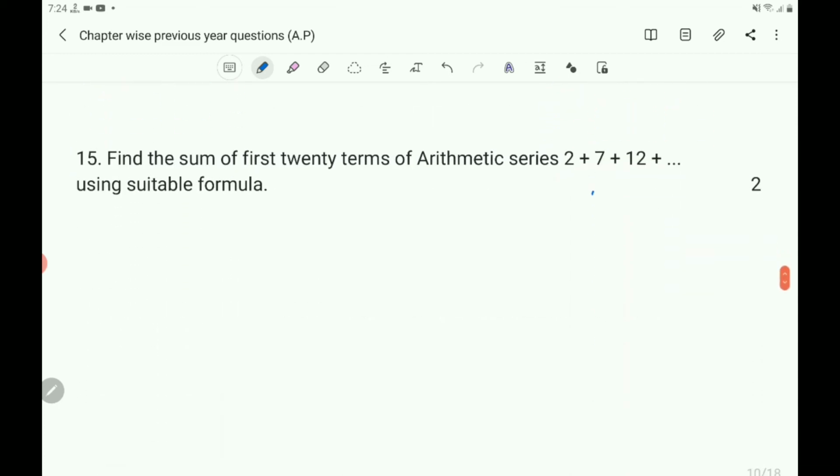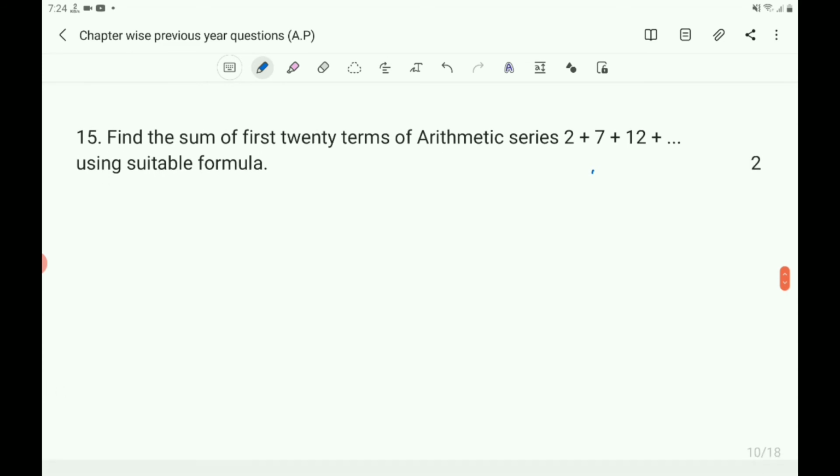Next, take the 15th question of that question paper. Find the sum of first 20 terms of the arithmetic series 2 plus 7 plus 12 plus so on, using a suitable formula. So write down that arithmetic series 2 plus 7 plus 12 plus so on to 20 terms.